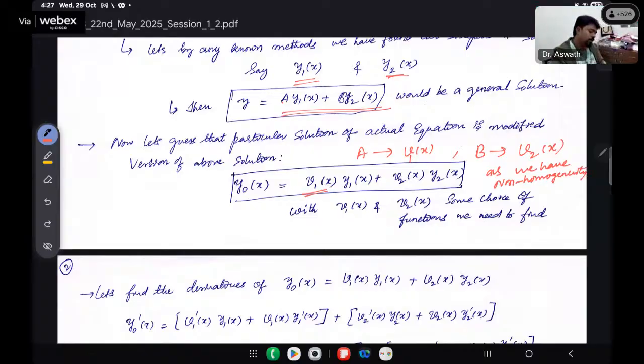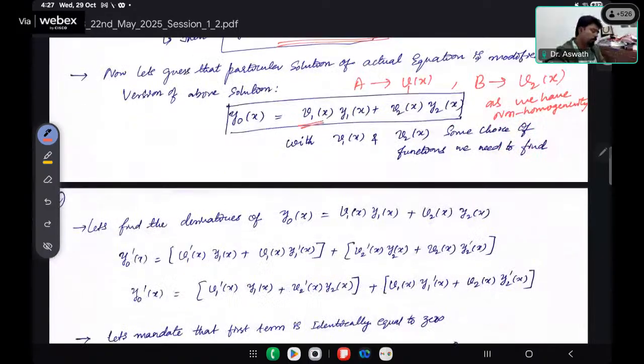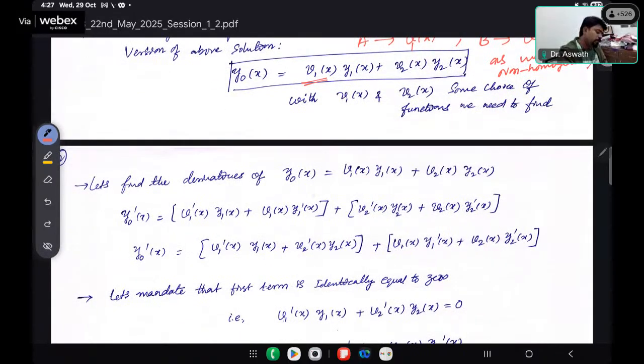Now, the general solution for the non-homogeneous equation is that. Now let me find out what y double dash x is. So y dash x: you differentiate this, you'll get two terms. If you differentiate the second, you'll get two terms. Just rearrange. In the first case, I'll have v1 dash and v2 dash.